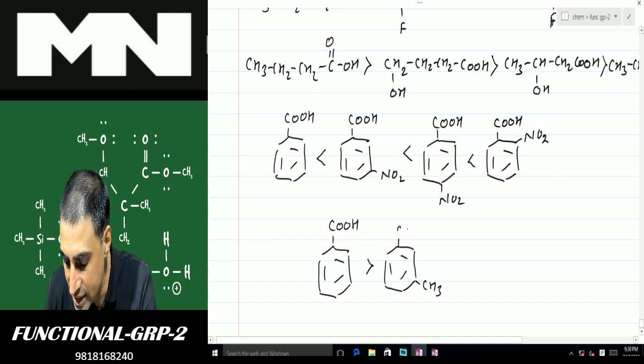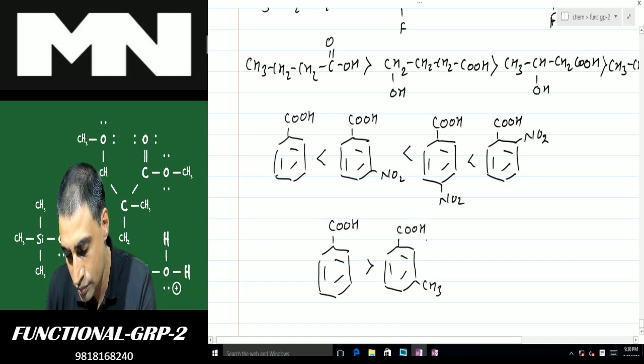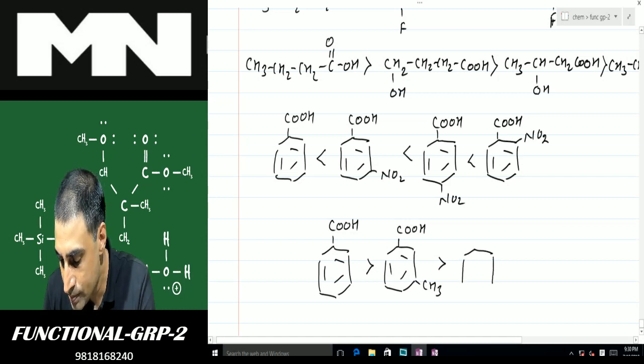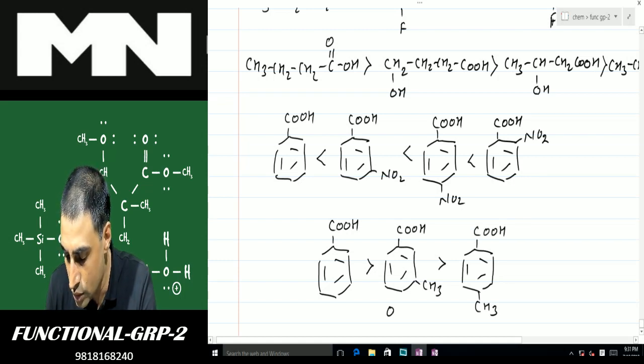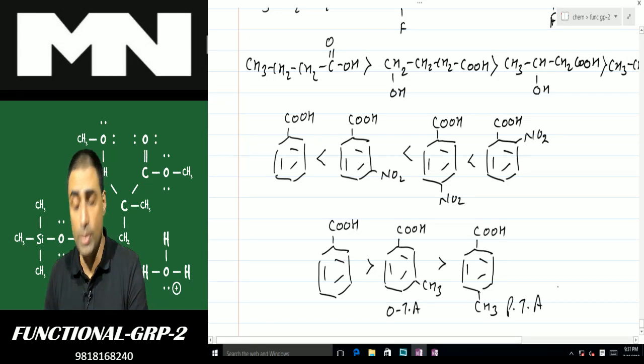This is meta-toluic acid. As compared to this, para-toluic acid will be even less acidic. So at the para position CH3, para-toluic acid. This is ortho-toluic acid and here you have para-toluic acid.